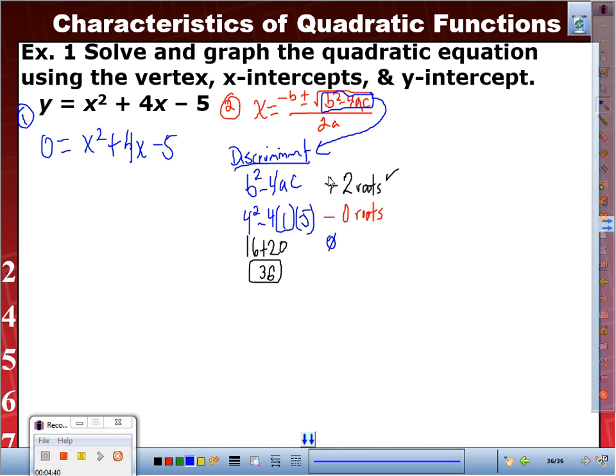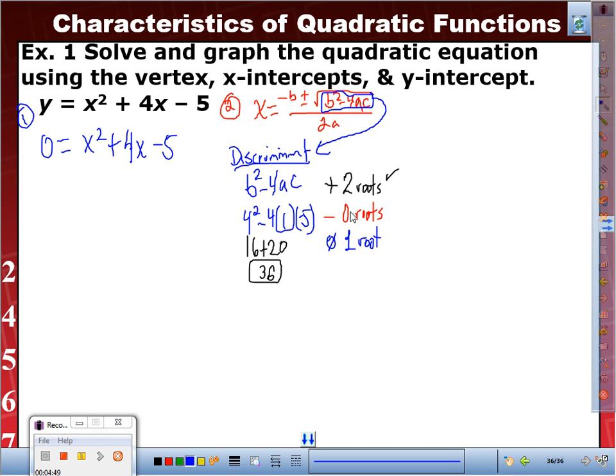If the number was not a positive or a negative, it ended up being a 0, our answer would be 1 root, only 1 solution. Remember those graphs where the parabola barely touches the x-axis? That's the kind that would have 1 root. So this is just to tell us how many solutions we're going to get at the end. So how many at the end? 2, right? All right, so we're done with that.